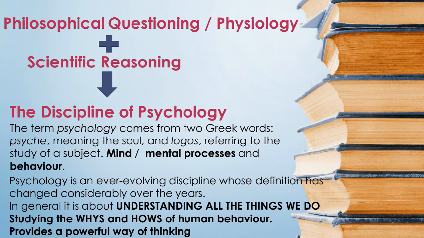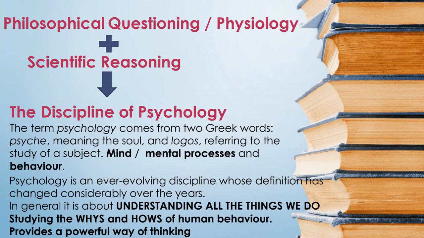So the word psychology as a discipline, okay, is very recent, okay? But the history of when psychology started goes all the way back to those early philosophers, which is why the word psychology comes from two different Greek words.